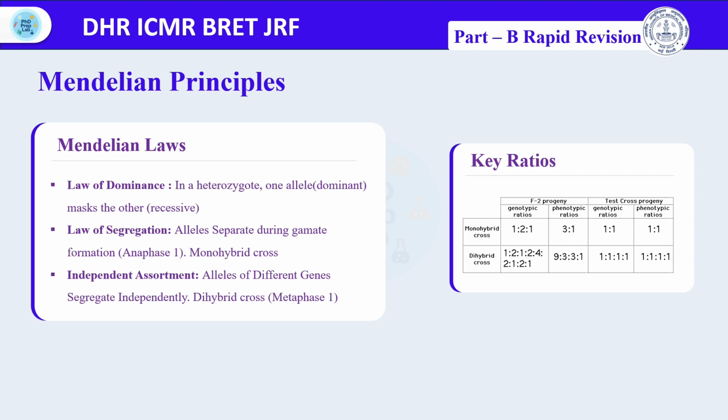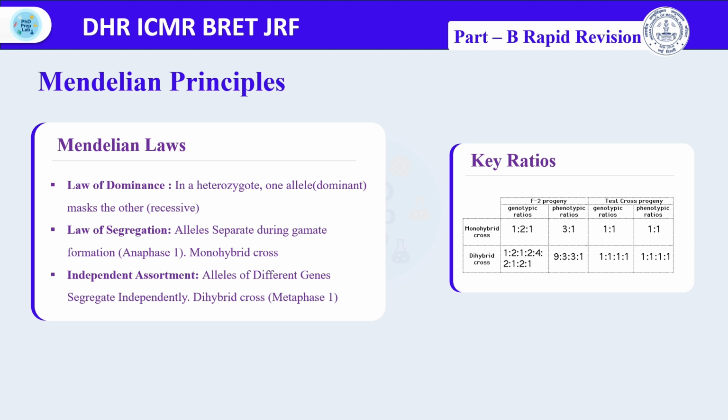Now, for the dihybrid cross, you have the genotypic ratio 1:2:1:2:4:2:1:2:1. Okay, so remember, 9:3:3:1 is a very common ratio, but you have to remember this is the phenotypic ratio. They can confuse you by asking for the genotypic ratio and giving you 9:3:3:1 as an option, so make sure that you're able to differentiate between genotypic and phenotypic ratios properly.